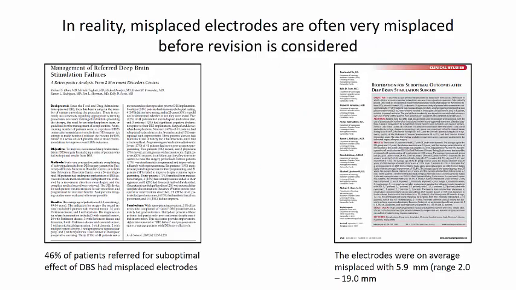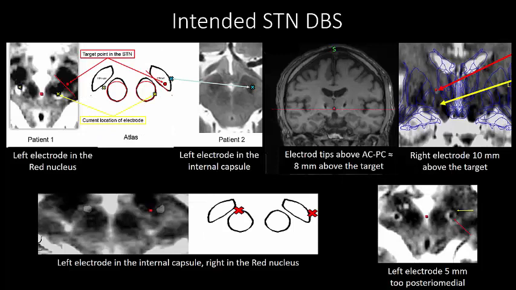However, in reality, misplaced electrodes are often very misplaced before revision is considered, as seen in these two studies by the group of Auken. 46% of the patients with the suboptimal effect of DBS were demonstrated to have misplaced electrodes, and these were misplaced with on average 6 millimeters. This is also in accordance with my own experience.